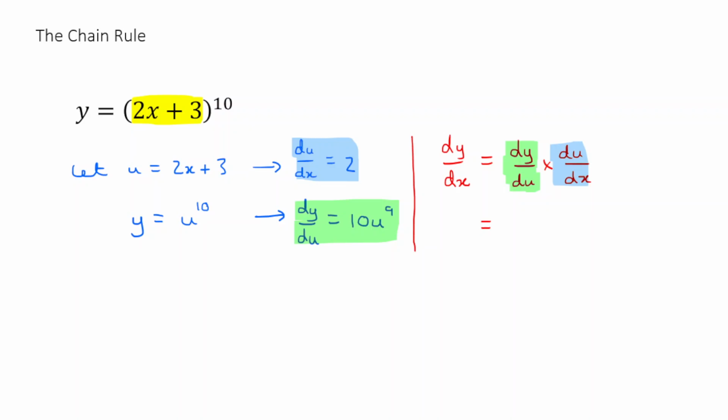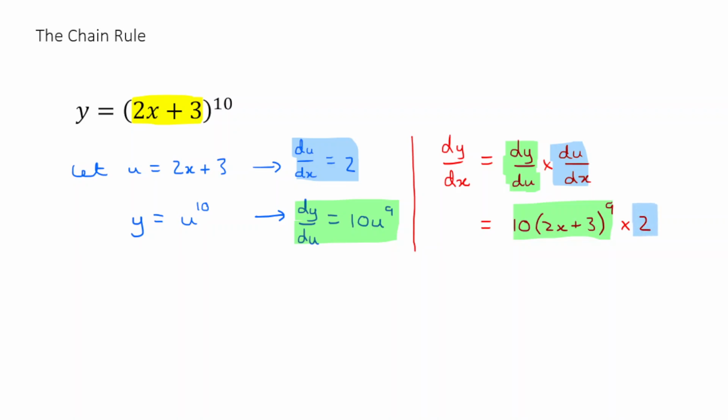Well, dy du is 10u to the power of 9. And remember that u is actually 2x plus 3, so (2x plus 3) to the power of 9. And then we're going to times that by du dx, which is 2. Just to clarify, we've done dy du, but we've replaced the u back with 2x plus 3, times by du dx.